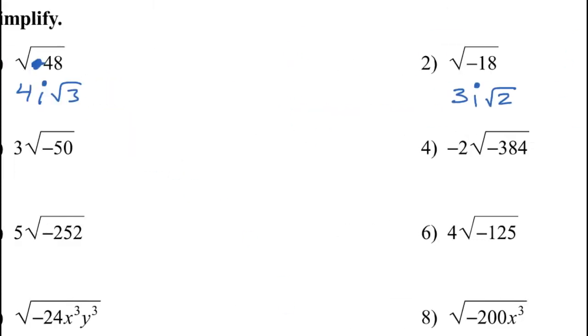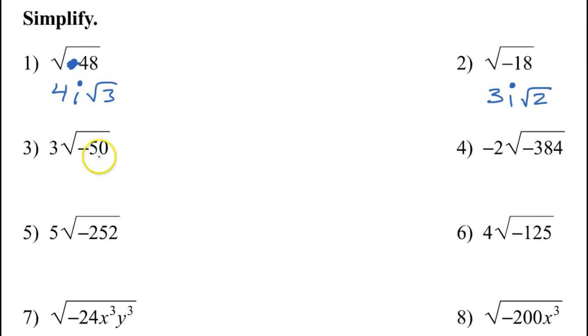Okay, let's go back and take a look at problem number 3. Okay, again, I see that negative sign, so I know I'm going to have i involved. Alright, so now I'm just going to worry about the rest. I'm going to worry about 3 radical 50. 50 is small enough that I want to just use my multiplication facts. So 50 is 25 times 2.